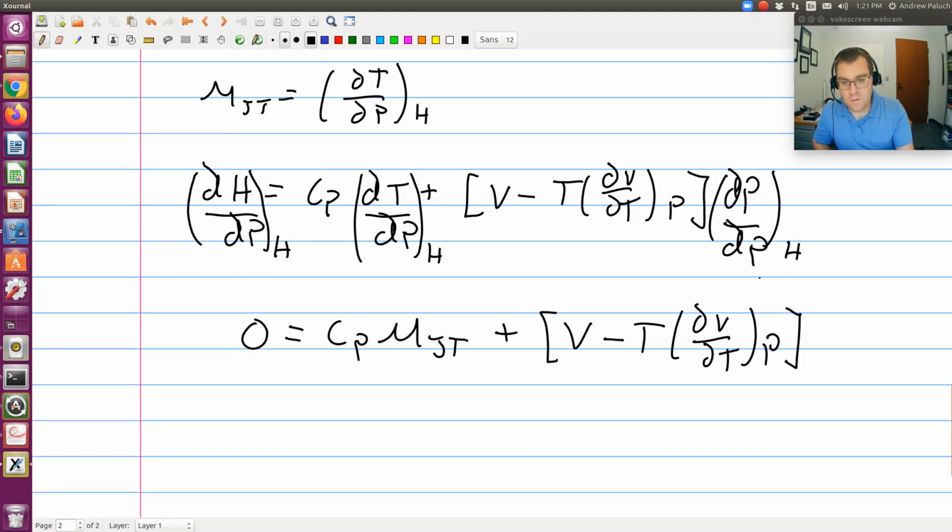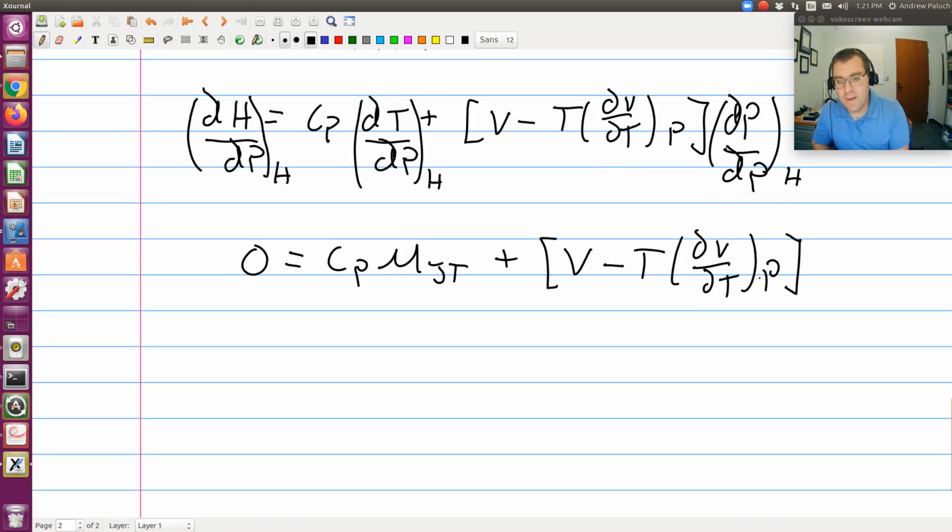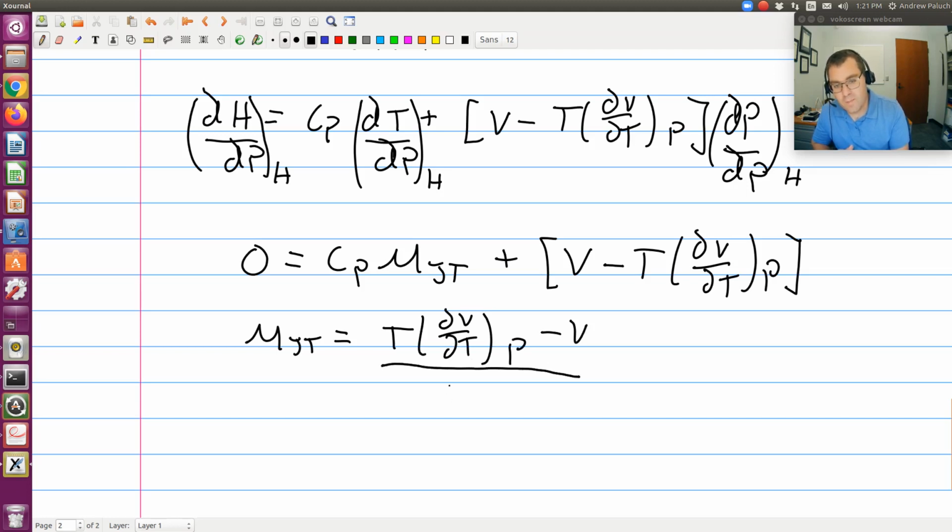Okay, so solving, I get that μJT would be equal to, if I bring that over to the left, I'd have a negative sign, but I could just switch this. So I'm going to write it as [T (∂V/∂T) at constant P minus V], just the negative of that, divided by Cp.